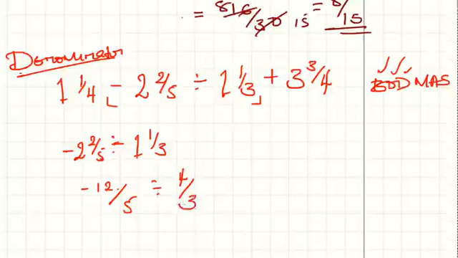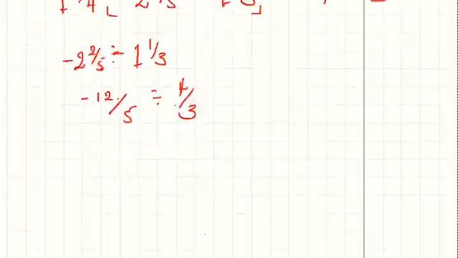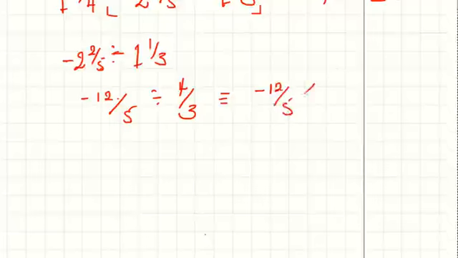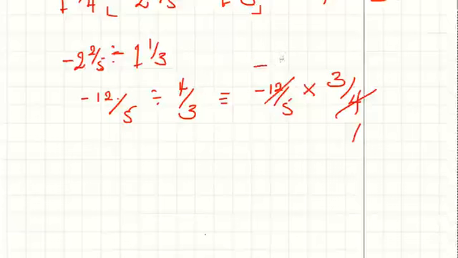So when we are dividing, this is equivalent to multiplying negative 12 over 5 times the reciprocal of 4 over 3, which is 3 over 4. So we divide 12 by 4 to get 3, which gives negative 9 over 5.